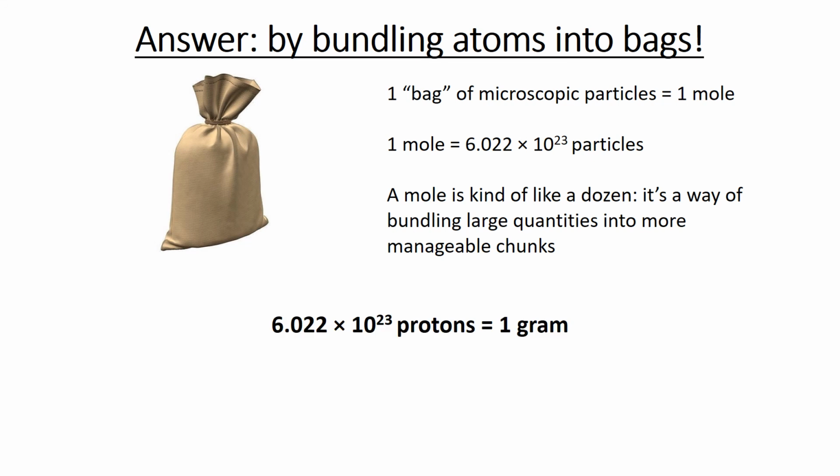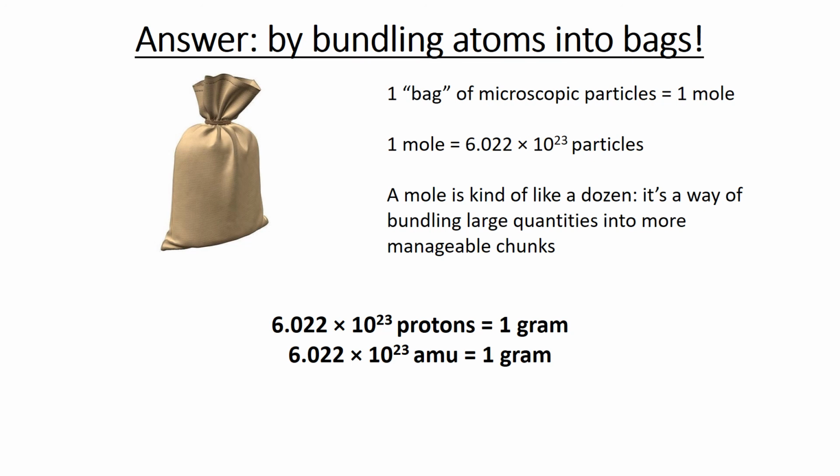Now you might be wondering why 6.022 times 10 to the 23rd? Well, it turns out that 6.022 times 10 to the 23rd protons have 1 gram of mass. That's useful, because remember, a proton weighs 1 atomic mass unit.